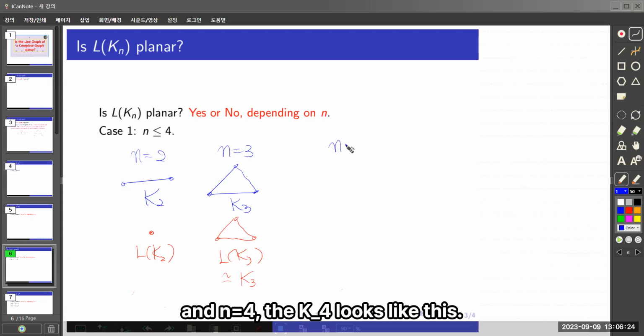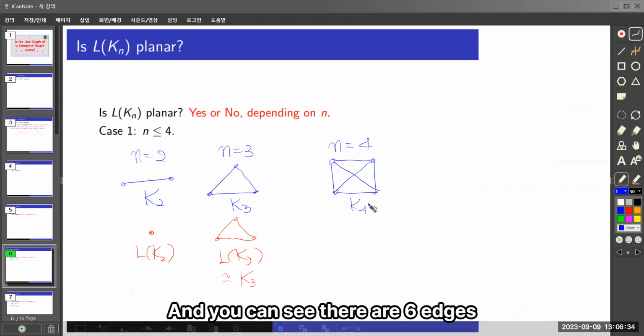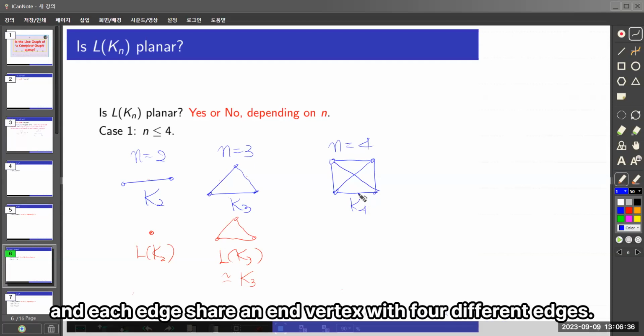And n is equal to 4, K4 looks like this. And you can see there are 6 edges, and each edge shares end vertices with 4 different edges.